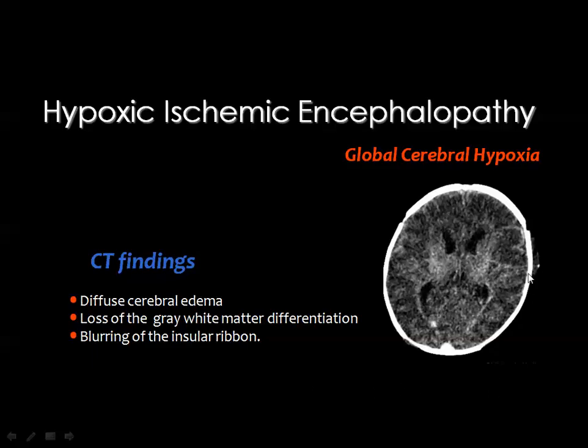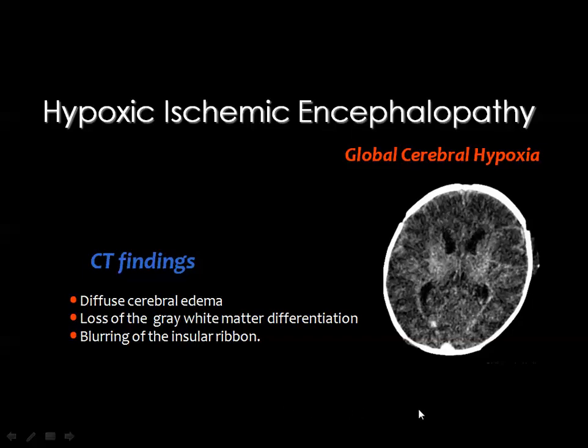And here you see that there is a diffuse hypodensity of the white and the gray matter of the brain parenchyma. And you remember that in the early neonatal period of the term infant, the white matter has a lot of water content, and it will appear hypodense on the CT and low signal in MRI T1 and high signal on MRI T2 weighted images.